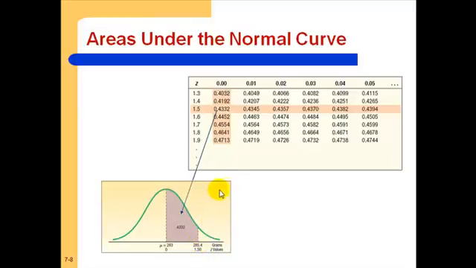The standard deviation is in our textbook, I didn't show it in the slides. It is 1.6, and 2.4 divided by 1.6 we get 1.5. So 1.5 is the Z value for this number.